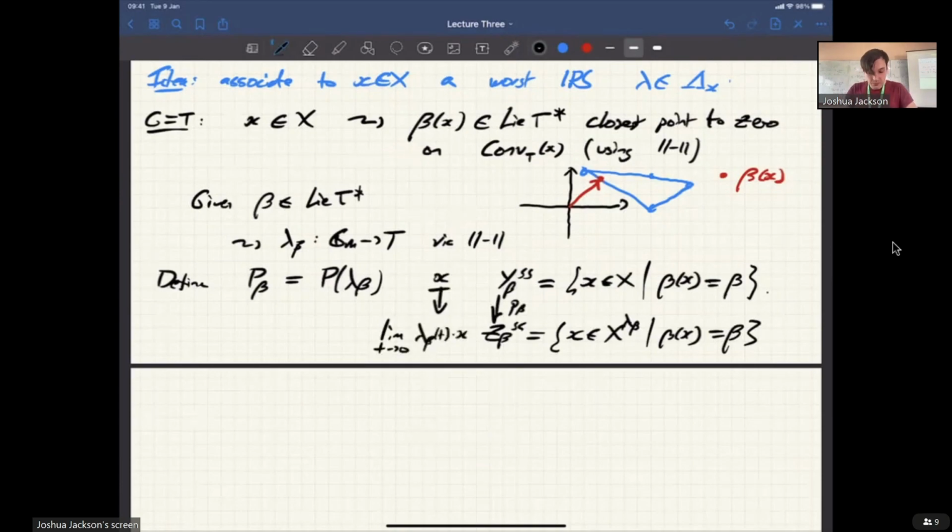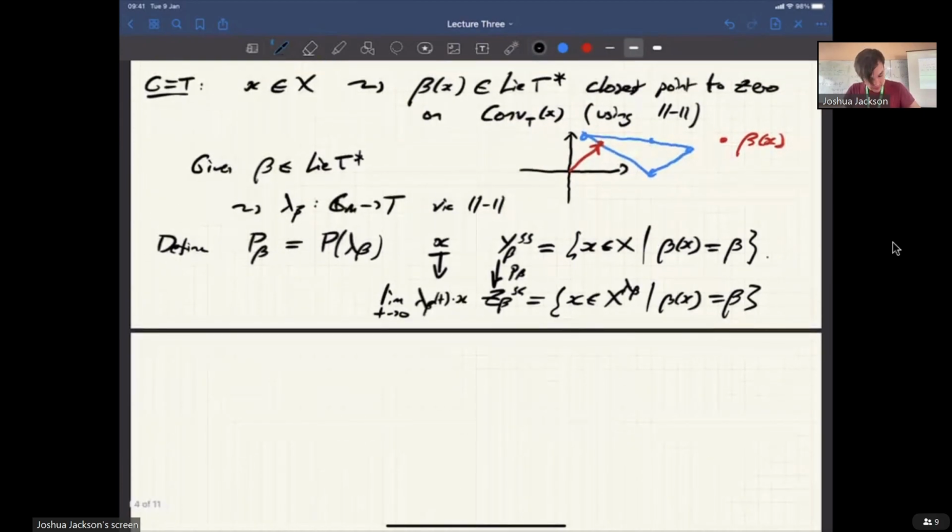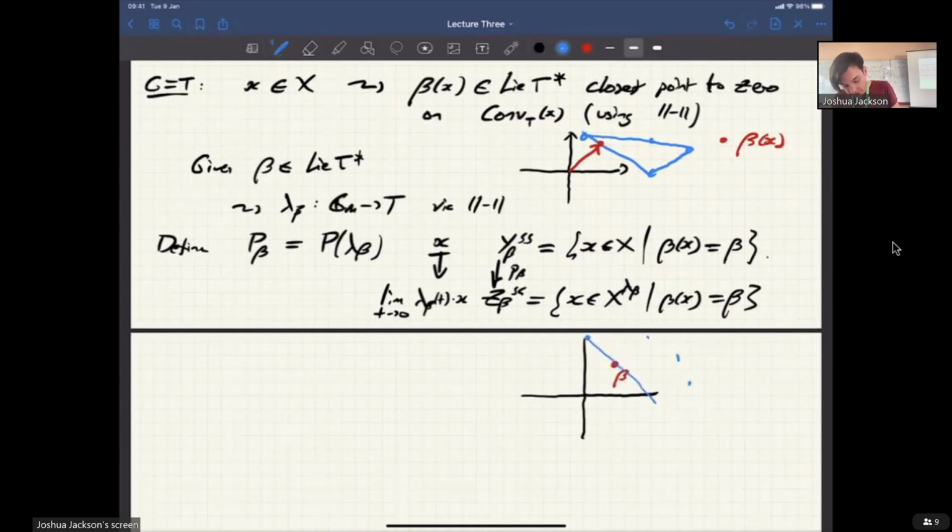Okay, so let me draw you another picture. Let's say beta is here, then I could take maybe something like this.